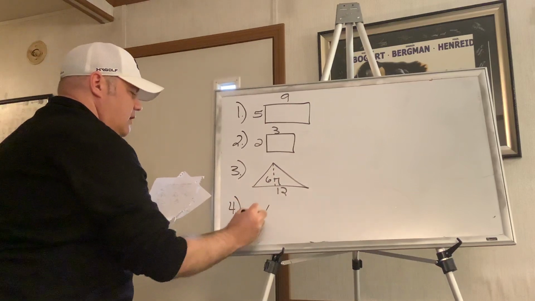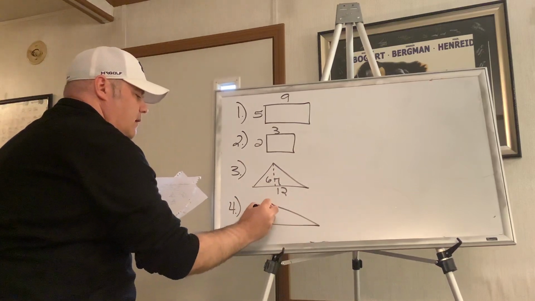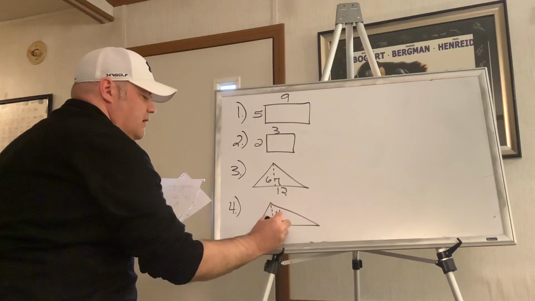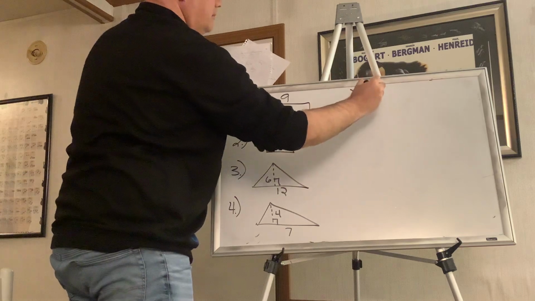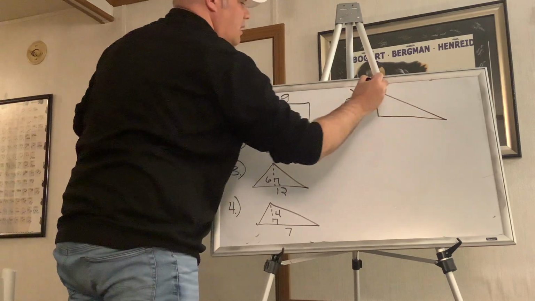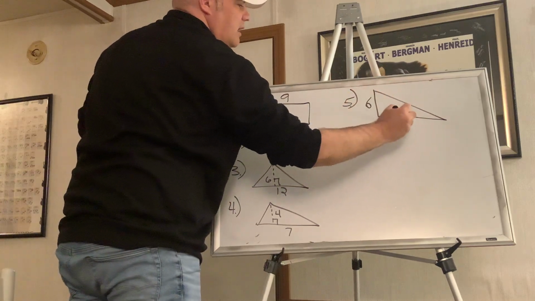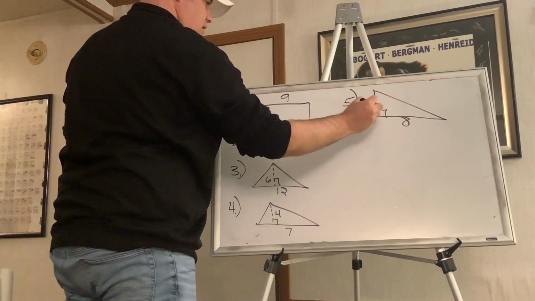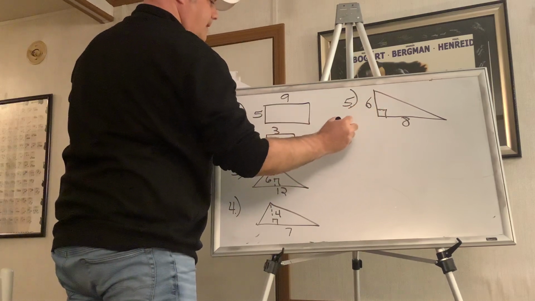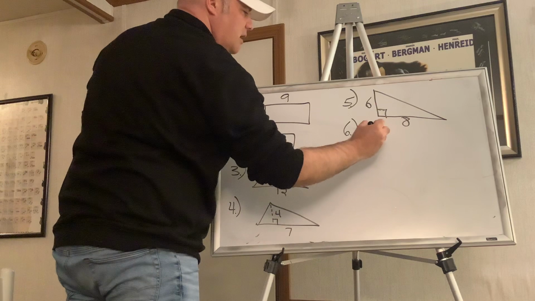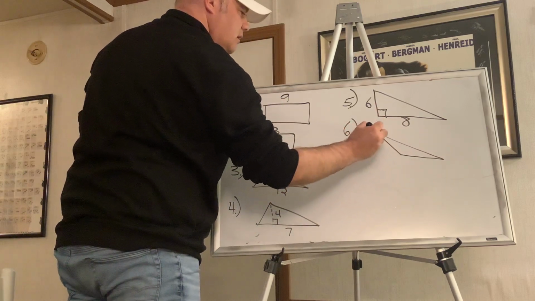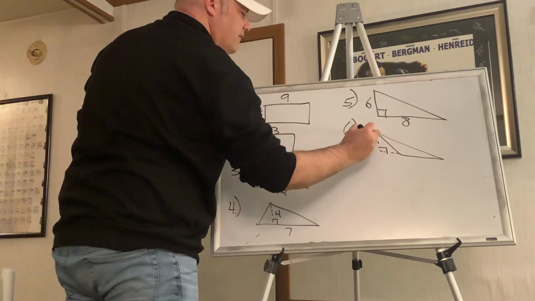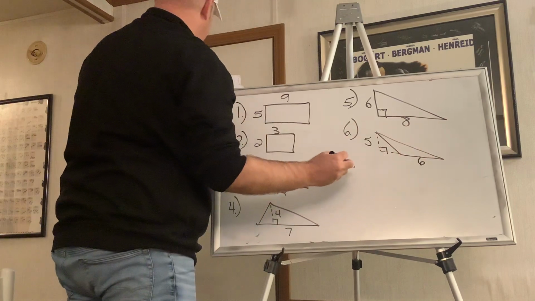I've got a triangle here that is 4 and 7. I got a right triangle here that is 6 and 8. That's showing you it's a right triangle. I've got an obtuse triangle here that is 5 out here and 6 for the base.